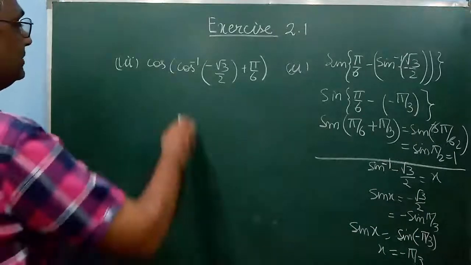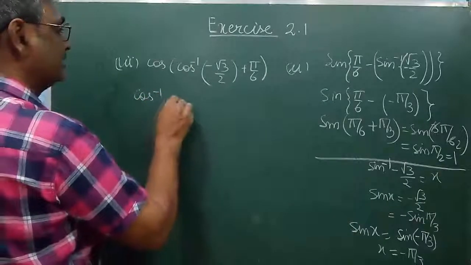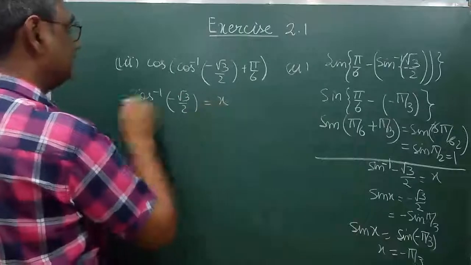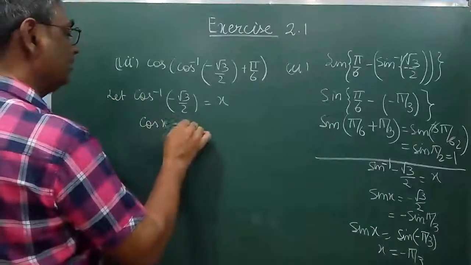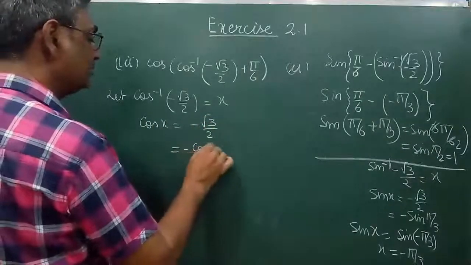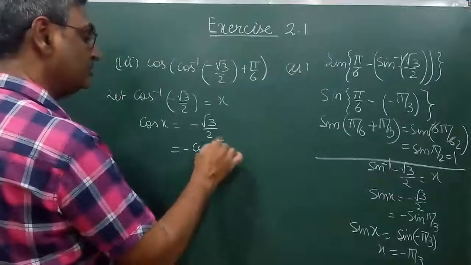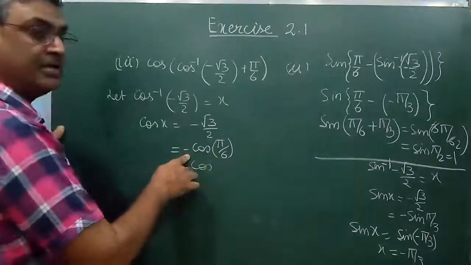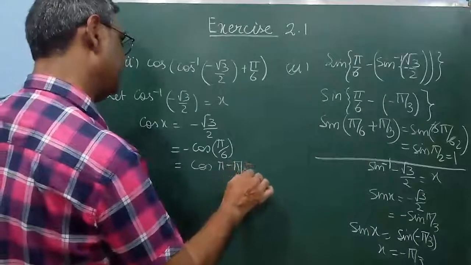Now this means what? Firstly we have to find the value of this cos inverse minus root 3 by 2, let it be equal to x, means cos x equal to minus root 3 by 2, means minus cos how much? Pi by 6. Cos 30 is root 3 by 2, but this is in second quadrant. Why? Because this is minus, so we can write pi minus pi by 6.